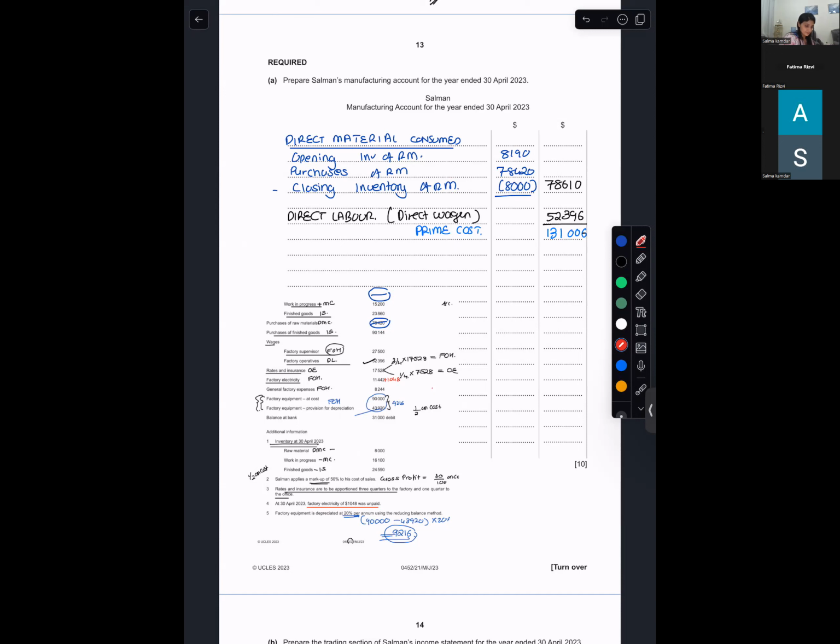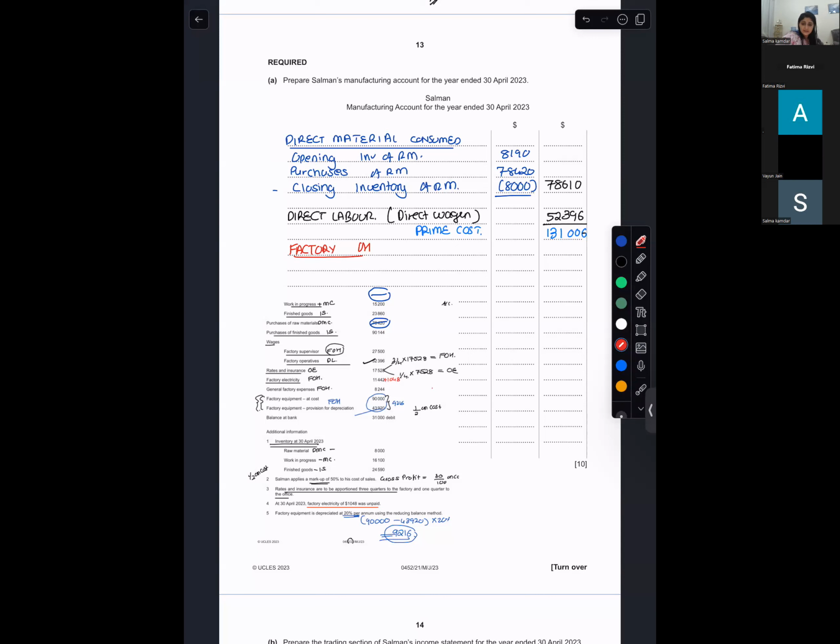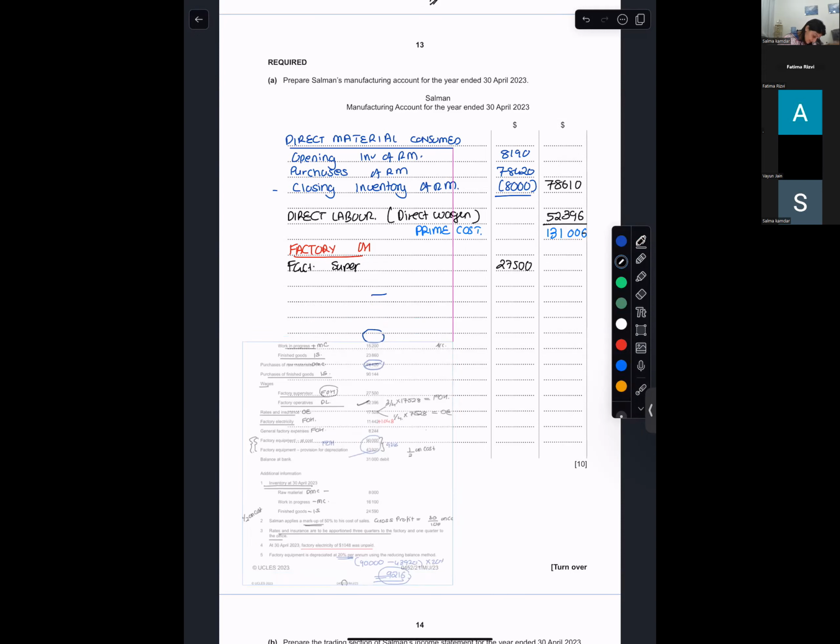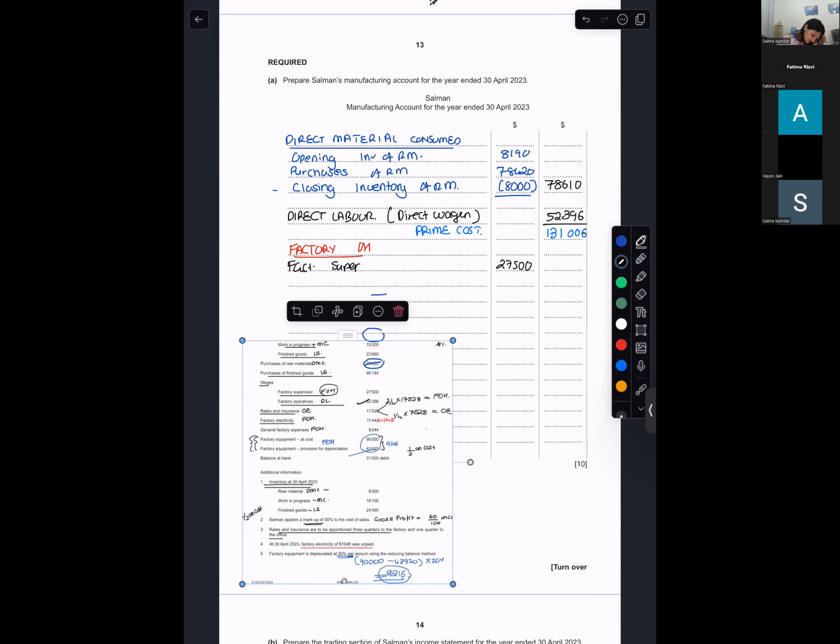Then factory overheads. Factory supervisor, 27,500. Then factory electricity.